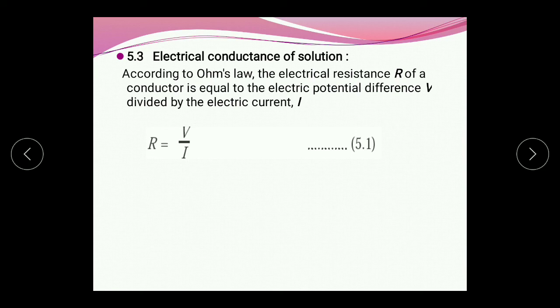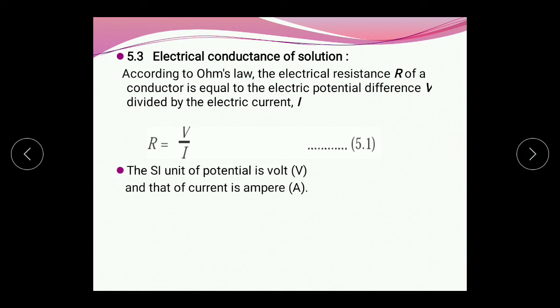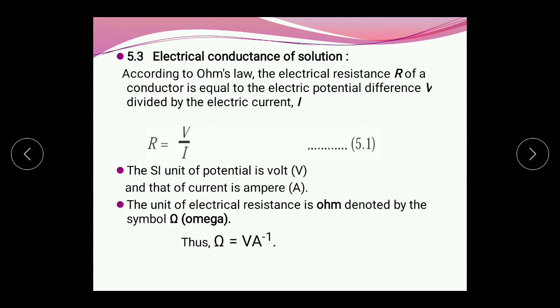So what will be the unit of R then? As you know, the SI unit of potential is volt, and current is ampere, which is denoted by A, and potential is denoted by V. And hence, the unit of electrical resistance will be volt per ampere, or V into A raised to minus 1, and which is called ohm.